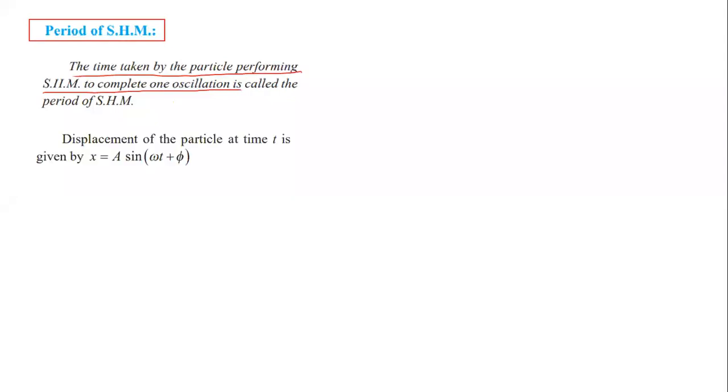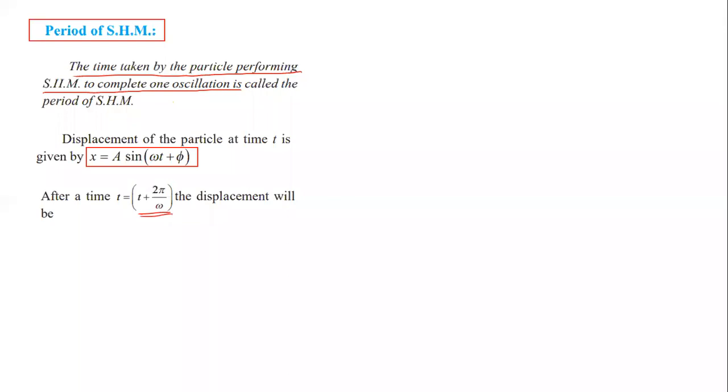Now displacement formula we already know. X is equal to A sine omega t plus phi. This is the displacement. Now here we substitute. If I consider time is equal to t plus 2 pi by omega. Let me consider t is equal to t plus 2 pi by omega.